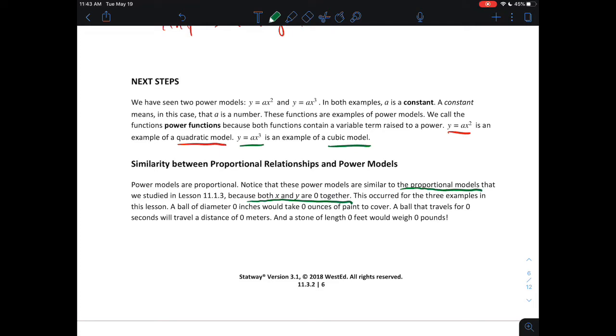If one variable is equal to 0 and right along with that the other variable is equal to 0, that's a proportion. This occurred for the 3 examples in this lesson. A ball of diameter 0 inches would take 0 ounces of paint to cover. A ball that travels 0 seconds will travel a distance of 0 meters. And a stone of length 0 feet would weigh 0 pounds.